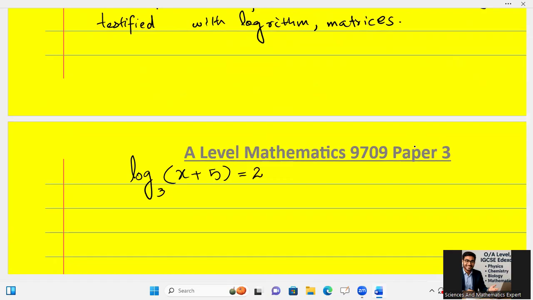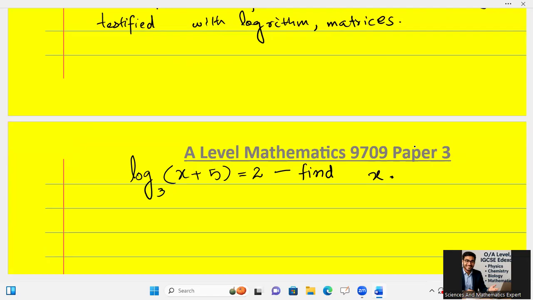If he says find x, now I am trying to solve the question in the format in which logarithm questions go. Find x.